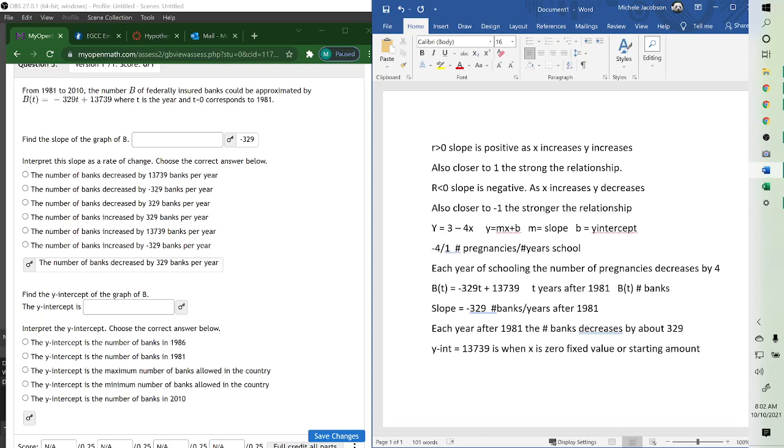And it started in 1981. So in 1981, there were 13,739 banks.